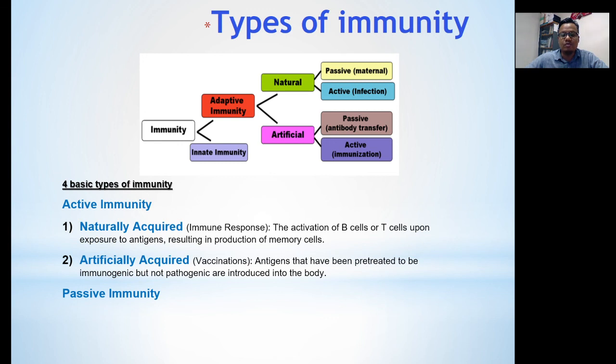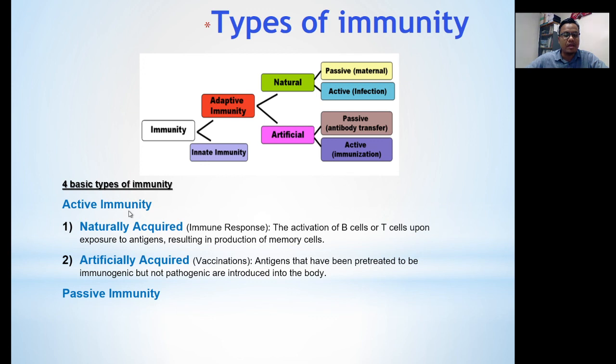We are not going to inject a live active COVID-19 virus, so it needs to be treated, killed or whatever, to make sure it is harmless, but still able to produce an immune response, immunogenic but not pathogenic, not producing any disease, introduced into the body so we can develop immunity to it.